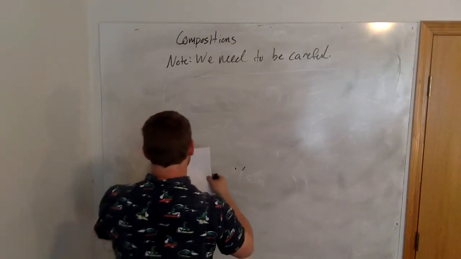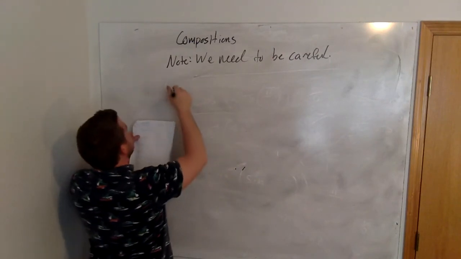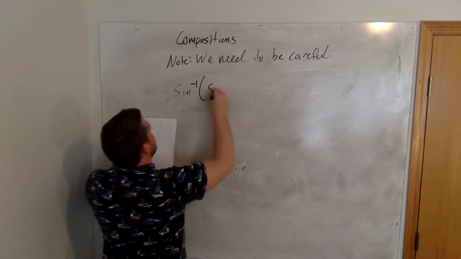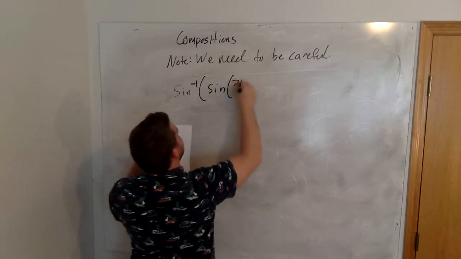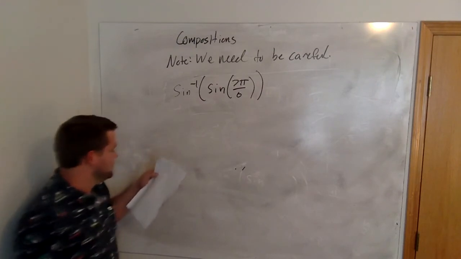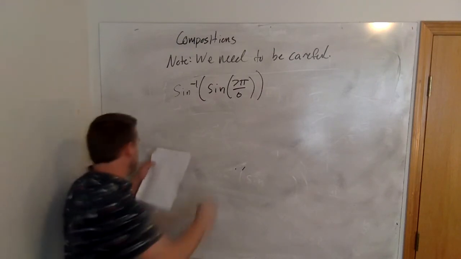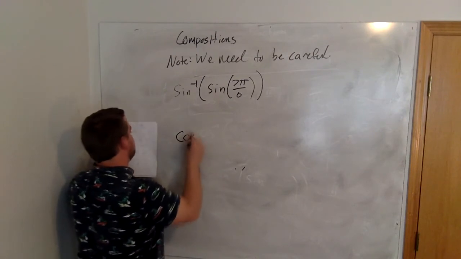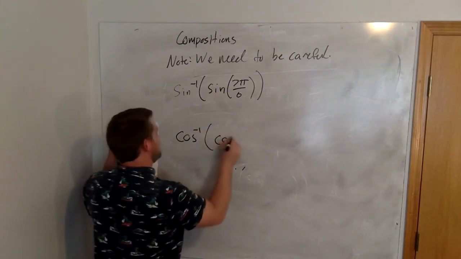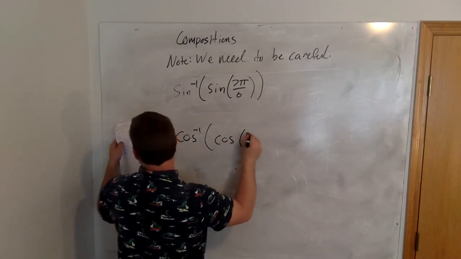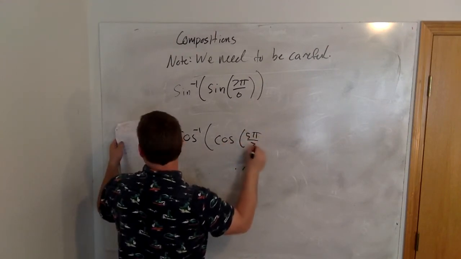Okay. So let's try the following. How about sine inverse of sine of 7 pi over 6? How about cosine inverse of the cosine of 5 pi over 3?